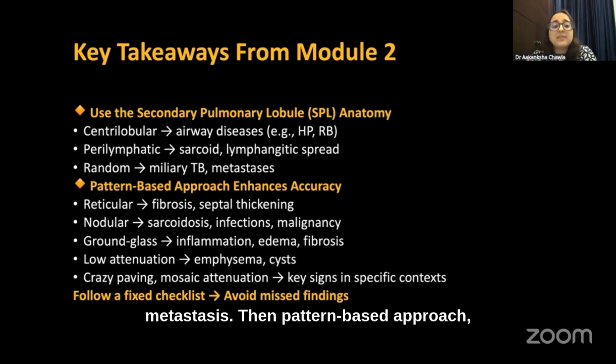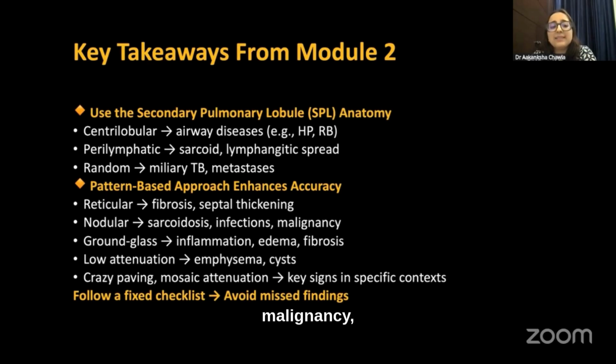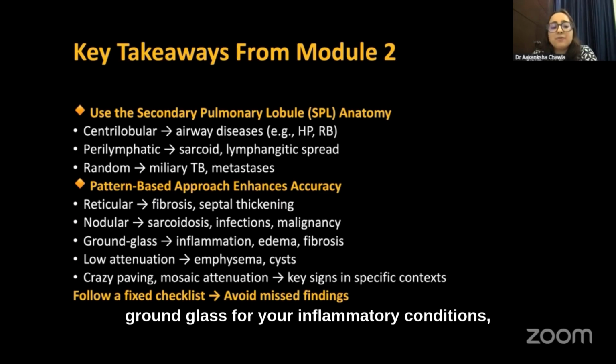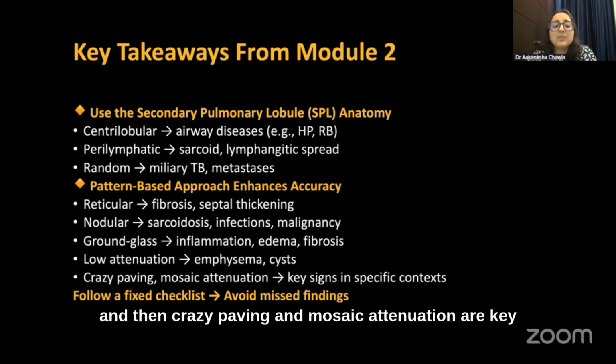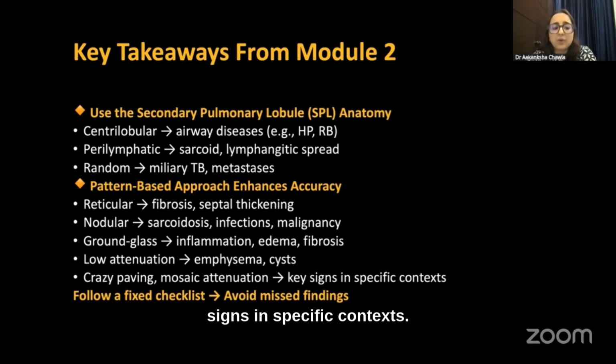Then pattern-based approach, reticular in cases of fibrosis with septal thickening, nodular in sarcoids, infection, malignancy, ground glass for your inflammatory conditions, edema and fibrosis, low attenuation. We've talked about emphysema and cysts, and then crazy paving and mosaic attenuation are key signs in specific contexts. Always follow a fixed approach, have a systematic approach so that you avoid missing subtle signs and avoid missing the findings.